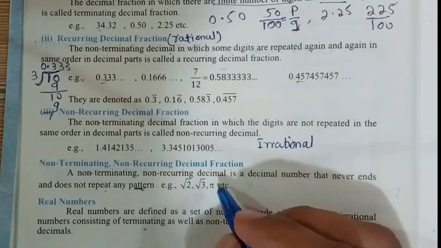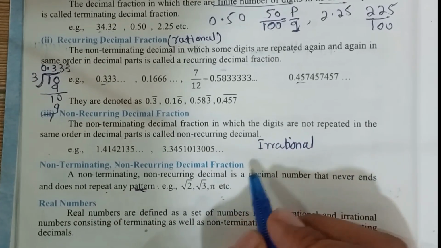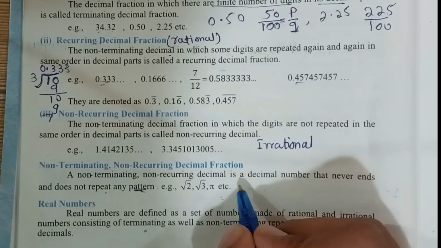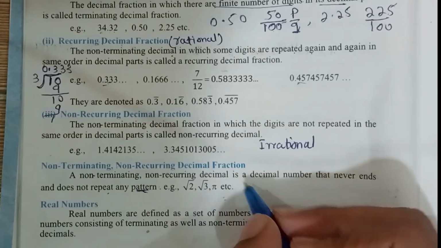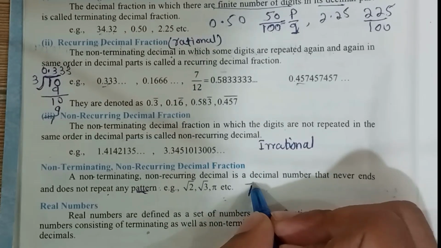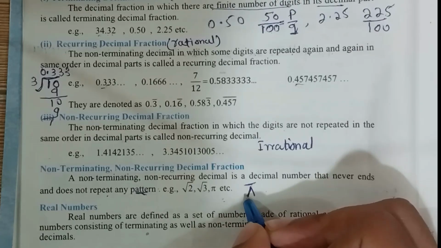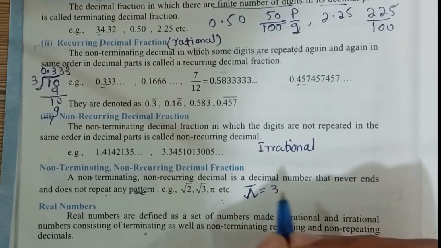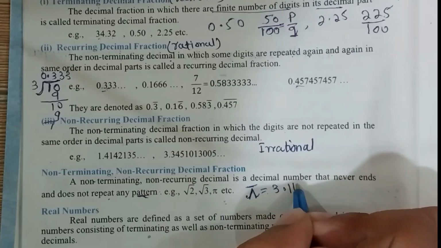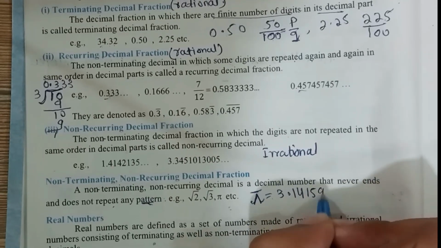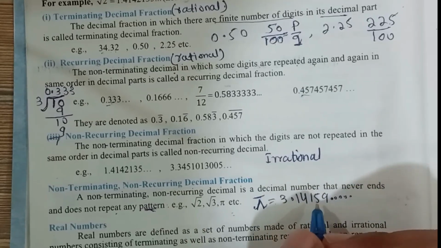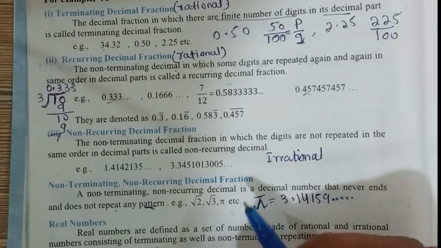As I told you about irrational numbers, it does not have a pattern, does not repeat, and does not have an ending. For example, the value of pi is 3.14159 and continued. It does not have any pattern or repeat any pattern.